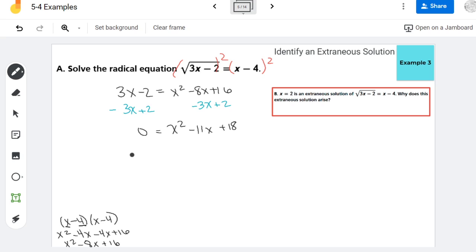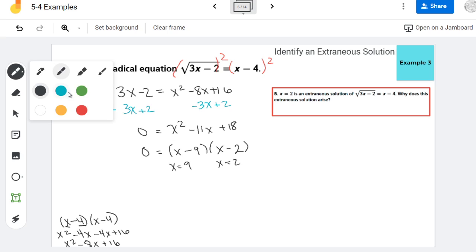And so this is actually factorable, which is nice. So I drop down my first sign, and because I have a plus, I know I need matching symbols. And what multiplies to make 18 that adds to make 11? Well, that's 9 and 2. So those are my possible solutions here, 9 and 2.